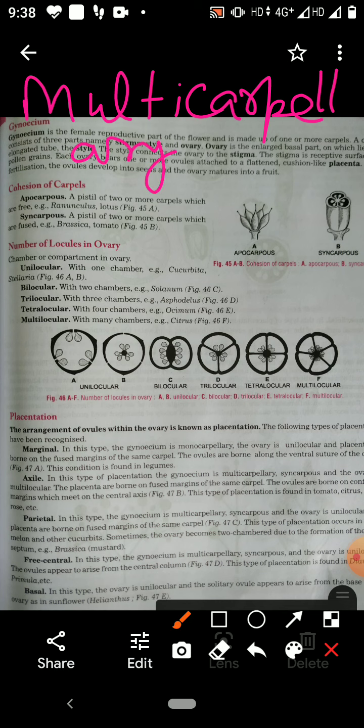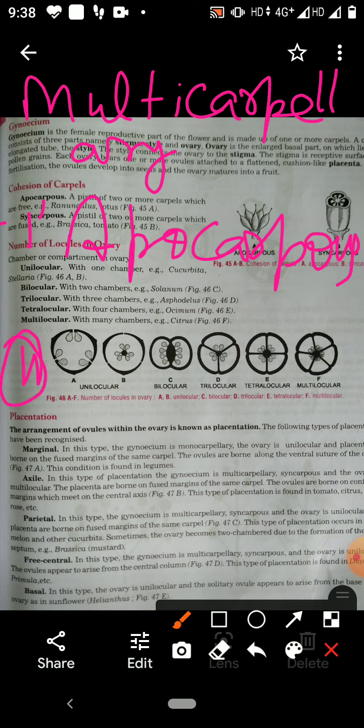And this multicarpellary may be of two types. One is apocarpous. Second is syncarpous. Multicarpellary ovary may be apocarpous or syncarpous.